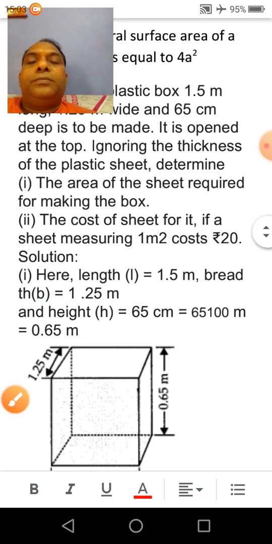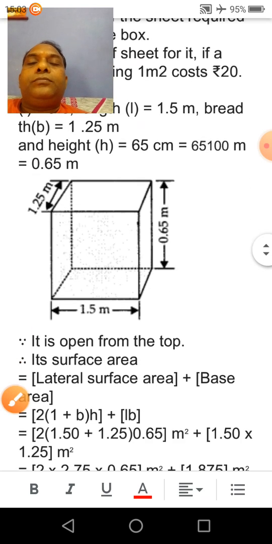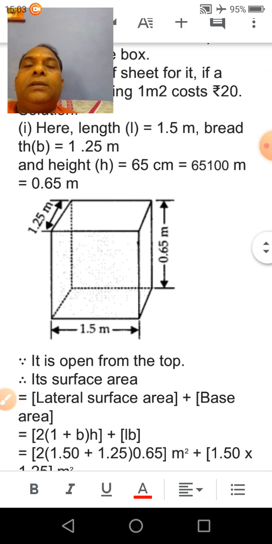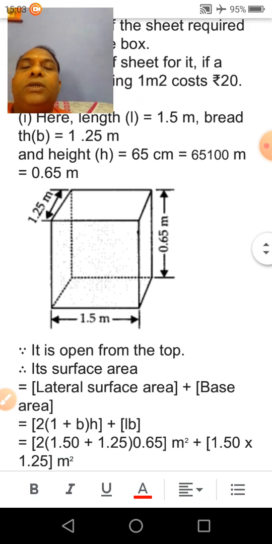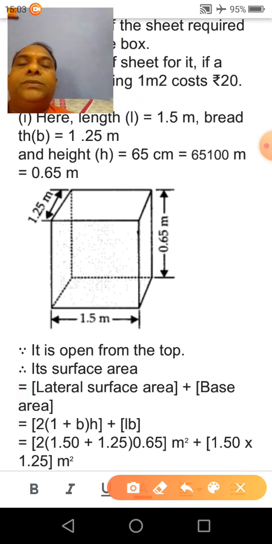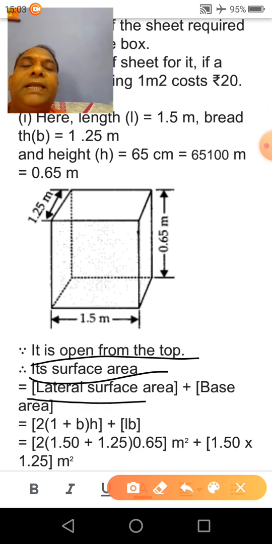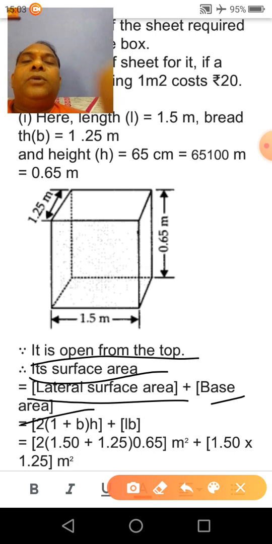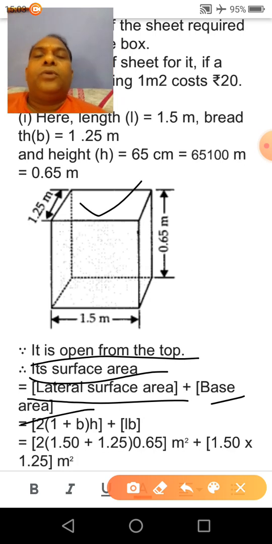Because the box is open from the top, its surface area will be lateral surface area plus base area. Leave the area of top face.